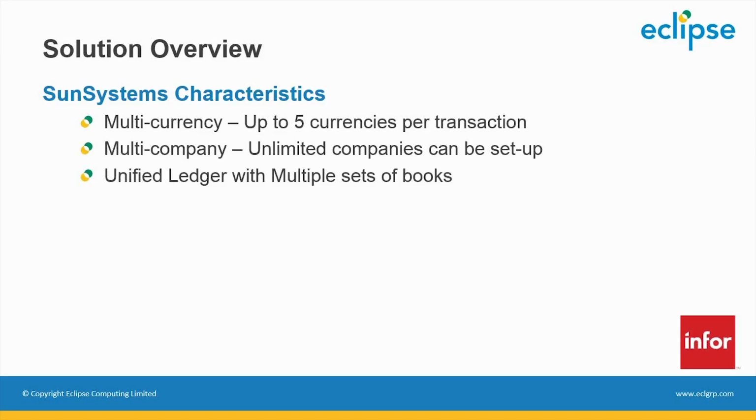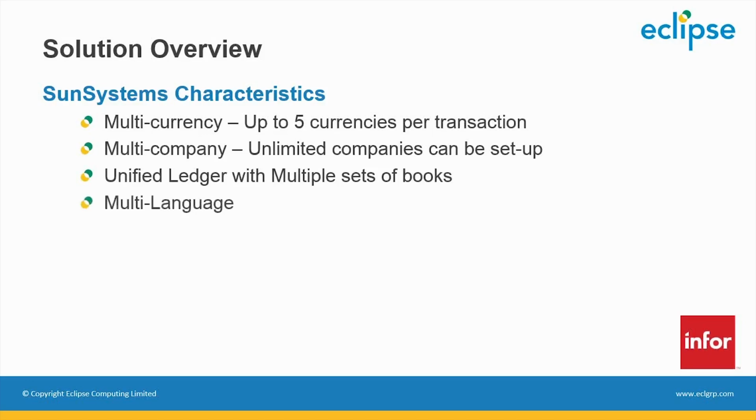So one business unit will always have as a minimum an actuals ledger, but of course we can set up to 8 additional different ledgers to record things like budget, transactions, forecasts. We can use those to set up separate ledgers for things like IFRS adjustments. So again, SunSystems in this respect is a very flexible system, and it allows you to set up multiple sets of books for one legal entity, one company. It allows you to do that very quickly.